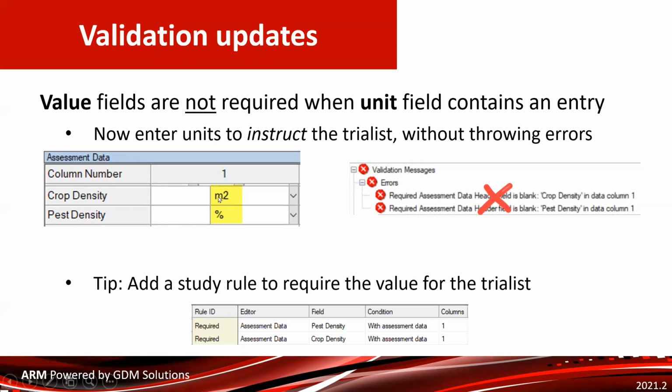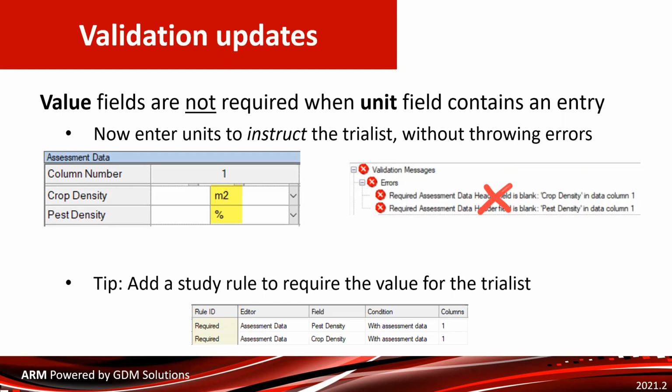This was a situation previously: if you put in a unit, but you do not put in a value, ARM would give errors in the validation to say, you've put in a unit, I need you to put in a value. Well, for a protocol writer, there are certain fields, for example crop density or pest density, where the protocol writer might want to communicate what unit should be used.